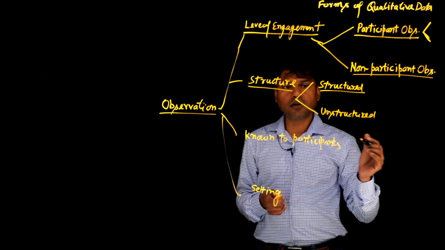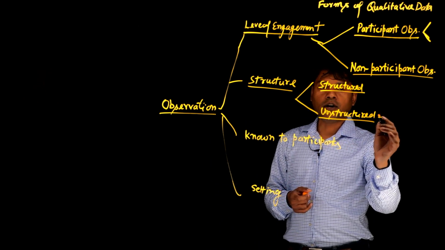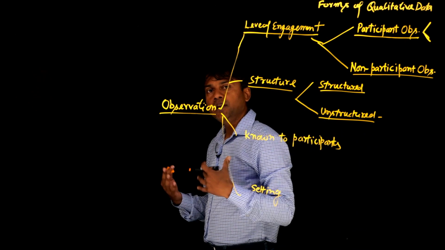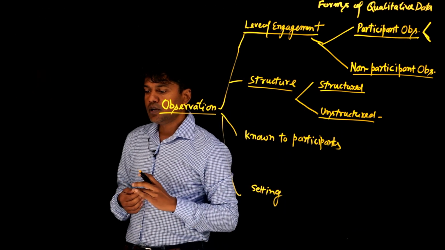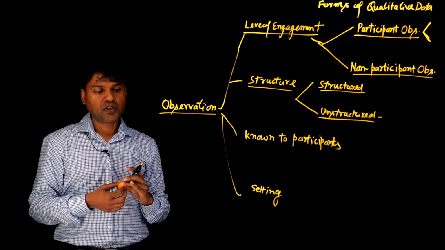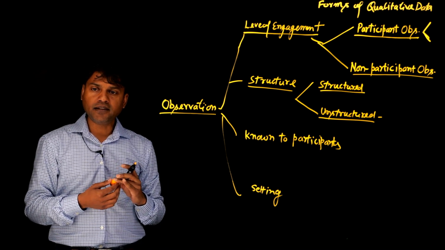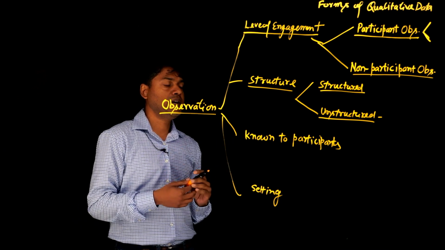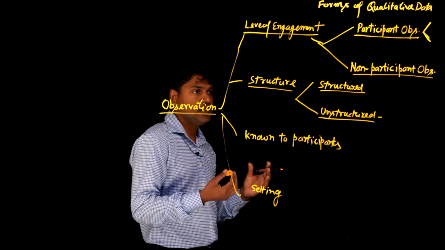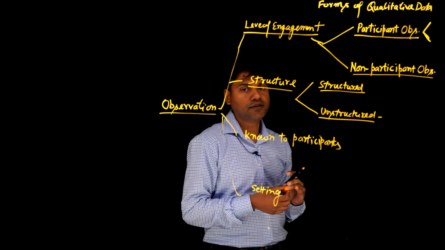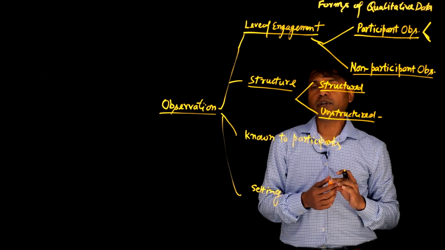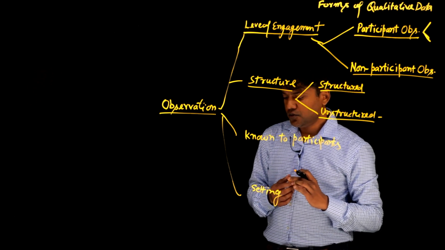So unstructured observation is more open-ended. You may have some predetermined things in mind to observe, but you are also open to observing anything that you see in that class. So that's unstructured observation, no predetermined criteria to be observed.